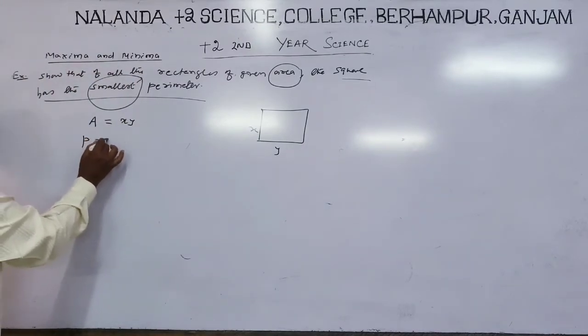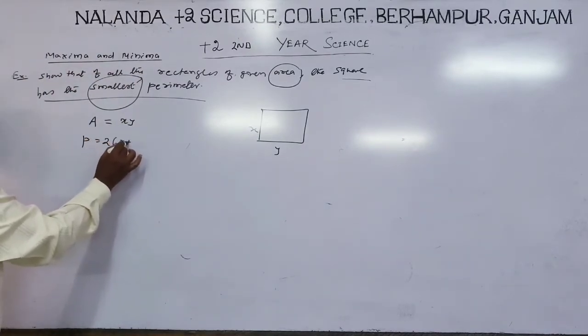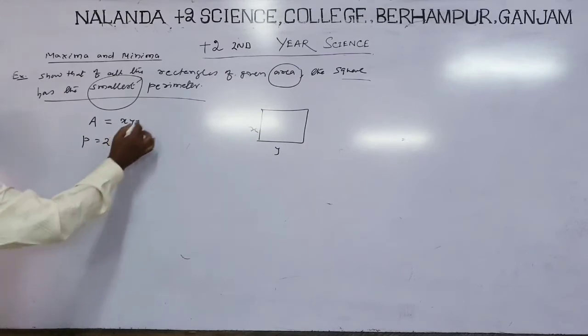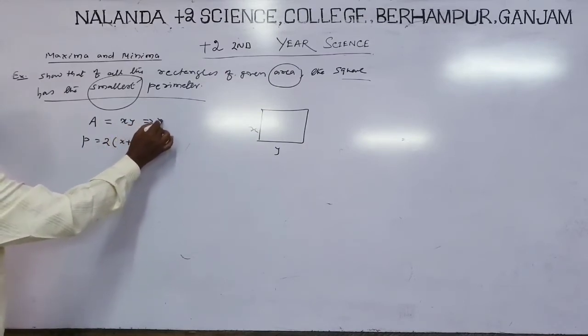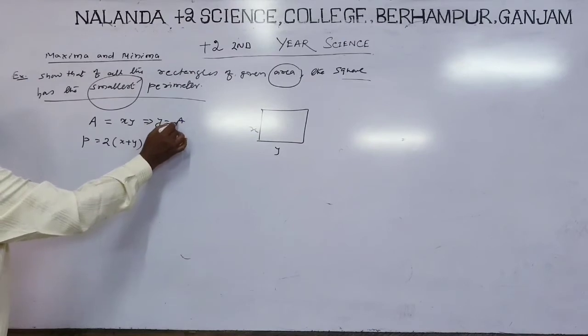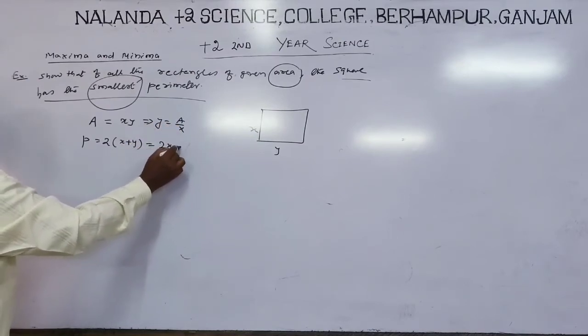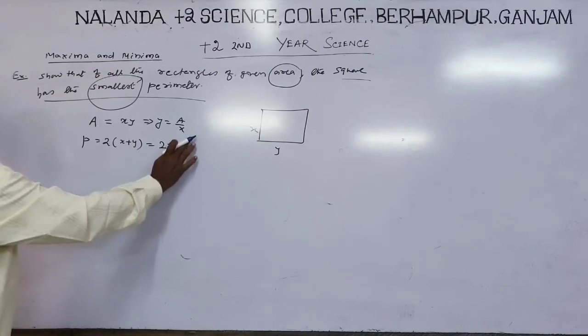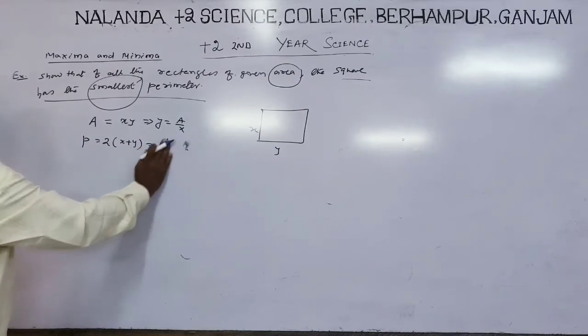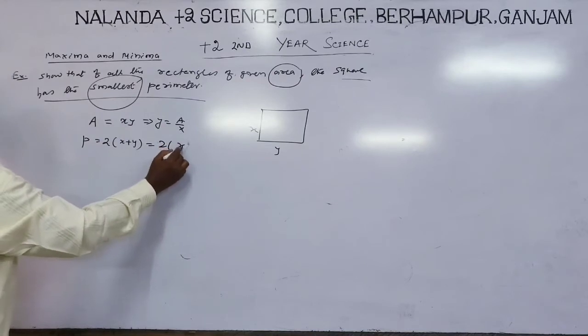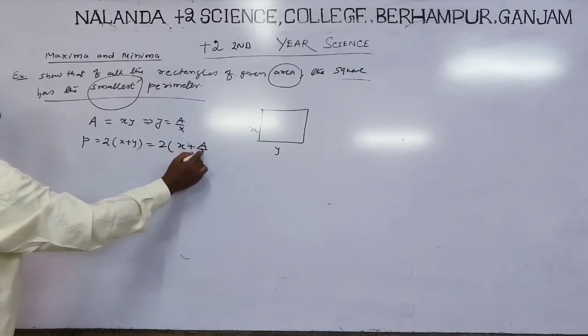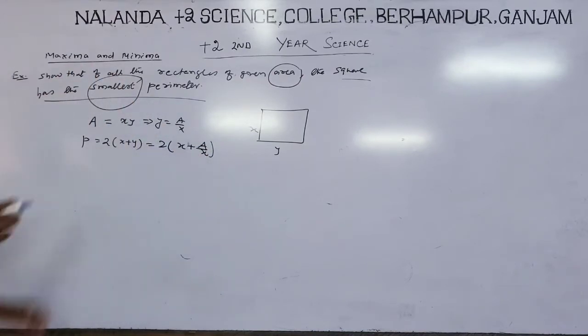It is 2 into x plus y. From the first one, this is given: y equals a by x. Now substitute. So 2x plus 2y, or taking 2 common, 2 into x plus a by x, because y equals a by x.